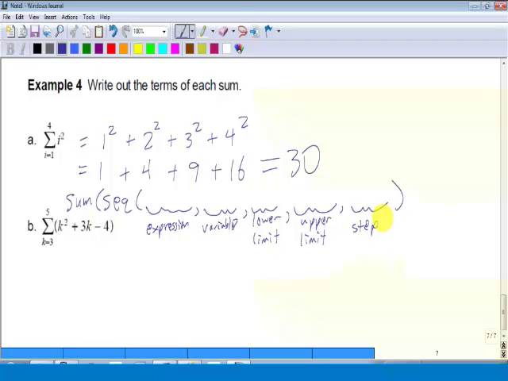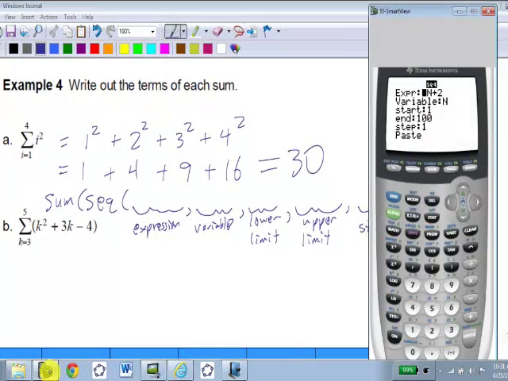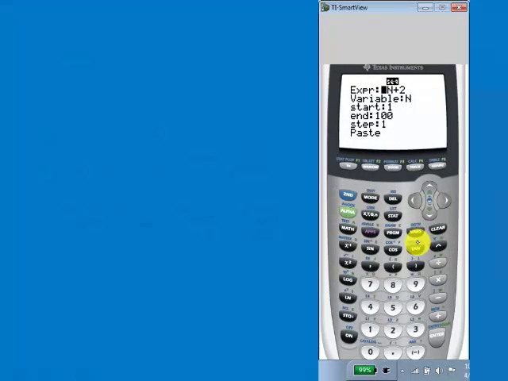Now for the expression, you could use whatever variable you want. You just have to be consistent with the use of that variable. You could use n, you could use x, you could use I. I'm going to use I because this one uses I. I'm going to type for the expression alpha. Where's the I? It's on the x squared button. I to the second power.